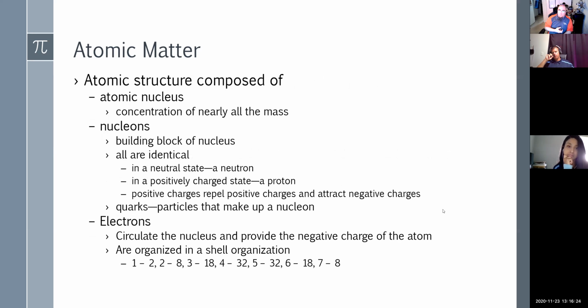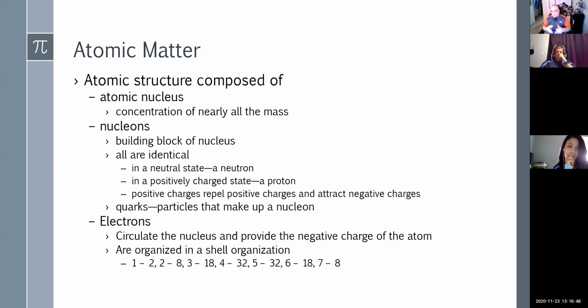So when we look at the structure, we talk about the nucleus and we'll talk about the electrons as well. The atomic nucleus is most of the mass of an atom, or an element. It's concentrated. You have the neutrons and you have the protons, right? The protons have a positive charge, and the neutron is in a neutral state.